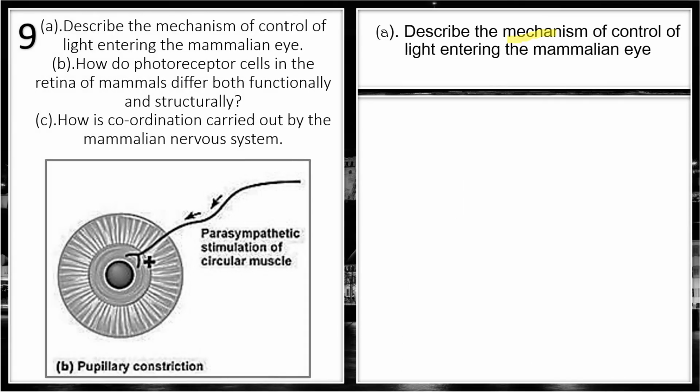Describe the mechanism of control of light entering the mammalian eye.